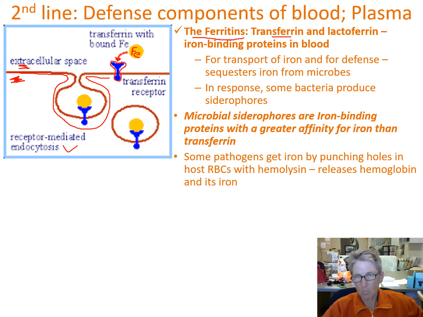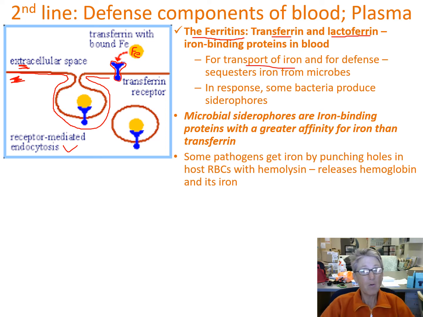We just looked at the cartoon of transferrin, and the ferritins also include lactoferrin, and they're basically iron binding proteins in the blood that will bind iron, and then your cells can take up the iron along with the transferrin or the lactoferrin receptor inside their cells. So these ferritins are for transport of iron and for defense.